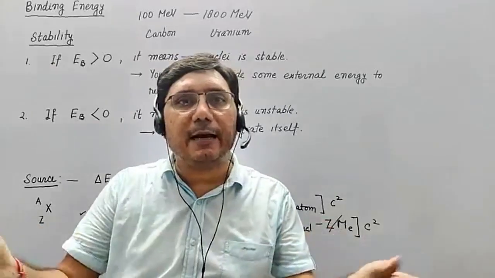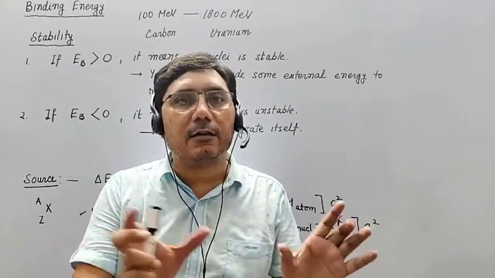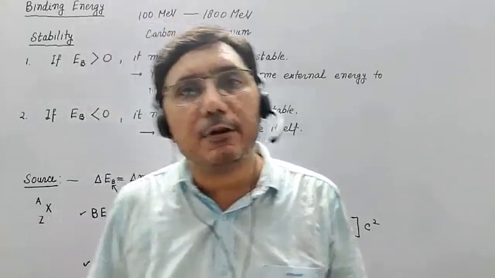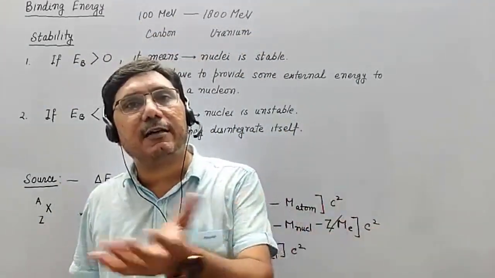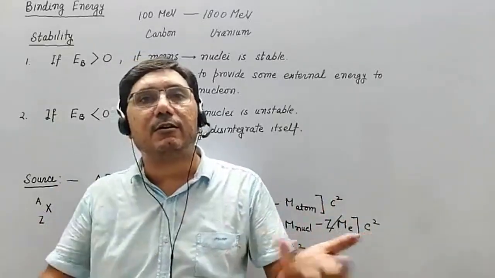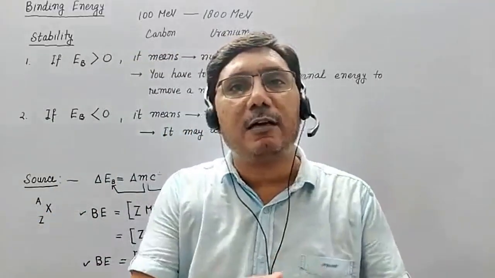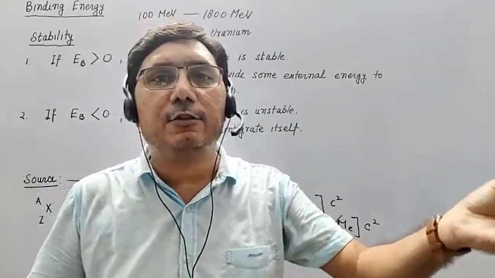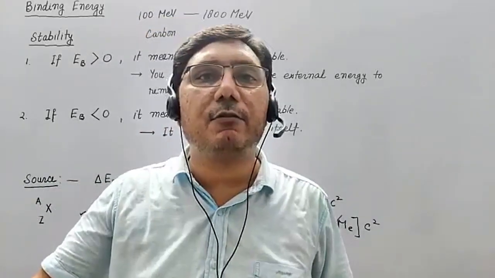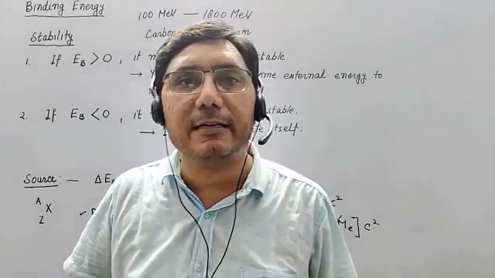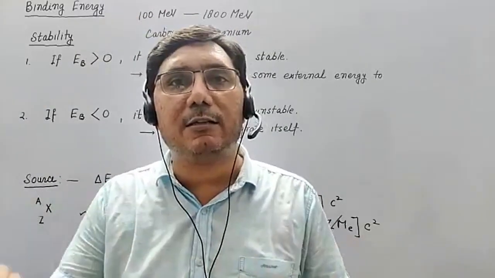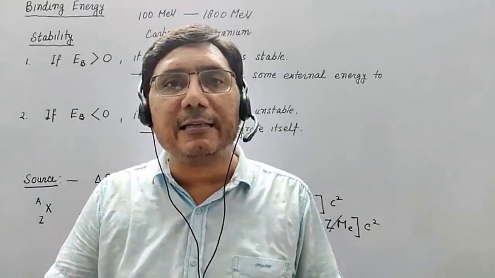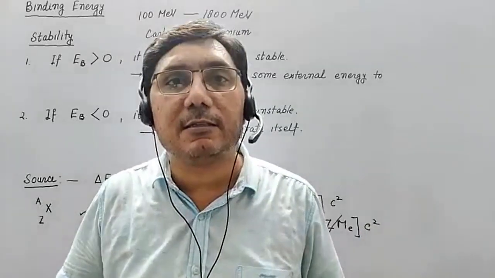We cannot compare their total binding energy because that will not give us any information, because the size of the different nuclei will be different. One nuclei can have 10 nucleons, another can have 50 nucleons. How can we compare these binding energies? Comparison is always between equals.